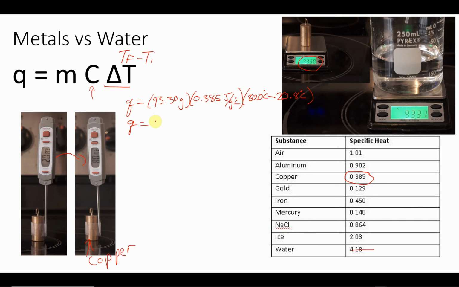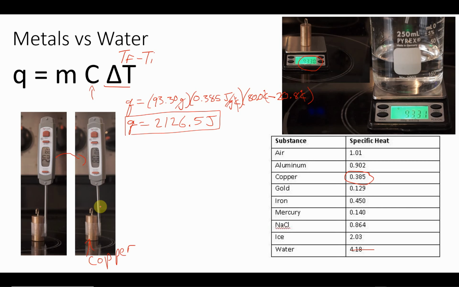And I get 2,126.5 joules. Joules is what's left because I cancel grams and I cancel degrees Celsius. So it takes about 2,000 joules of energy to raise this piece of copper from 20 degrees to 80 degrees.